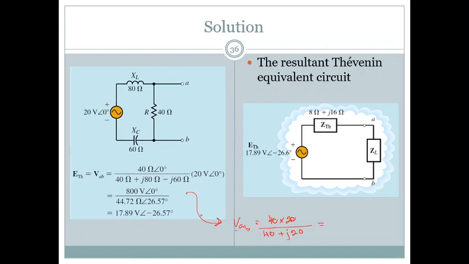So if you enter this into the calculator, you will get the value. So it's actually the previous value that you got, right? Yeah, 40 into 20, it's the same thing that you have. That will give us 17.89 volts, angle 63.